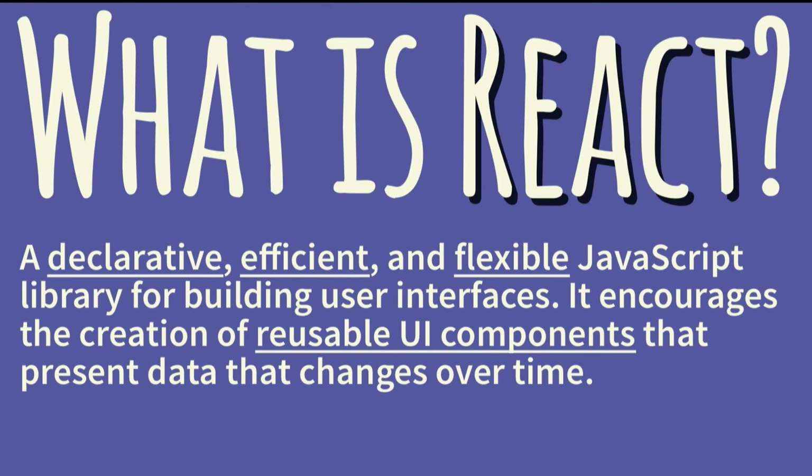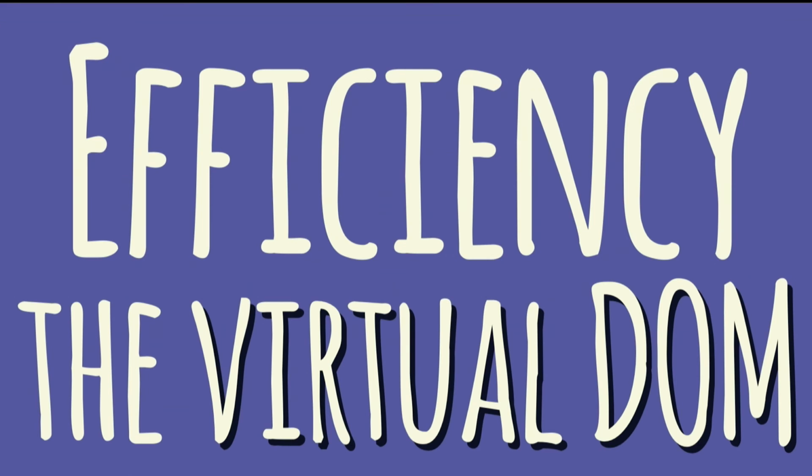Okay, so it's declarative. It's also efficient. What makes it so dang efficient? It uses what it calls the virtual DOM. So it turns out DOM operations are kind of slow, and a lot of older frameworks, if you, for example, had a list full of list items, and you changed one list item, it's going to redraw the entire list.